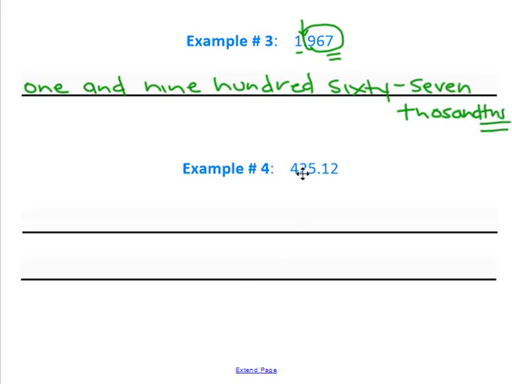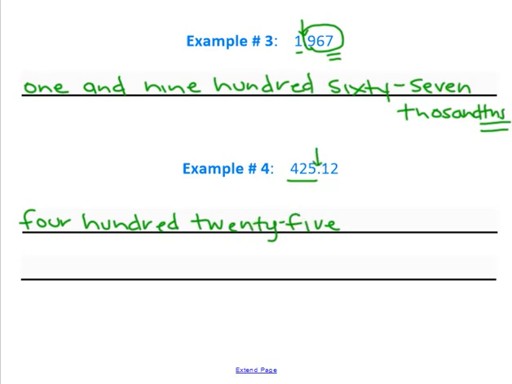Okay, let's try this one right here. So we're going to say the whole number part first. Okay, so 425. And then don't forget your hyphen between 25.